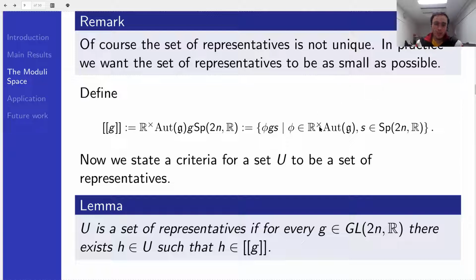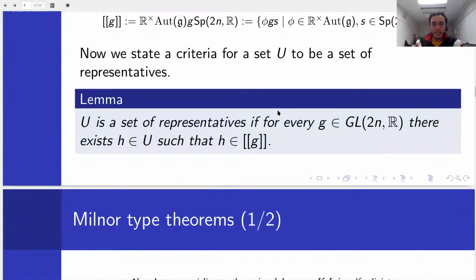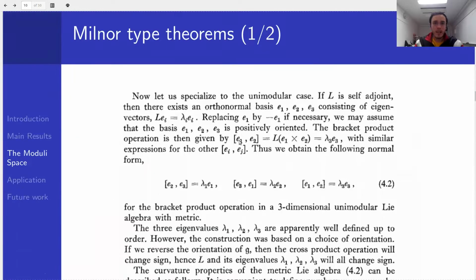So suppose that we already have a small or nice set of representatives. What can we do with it next? Well, we can introduce what we will call Milnor type theorems.